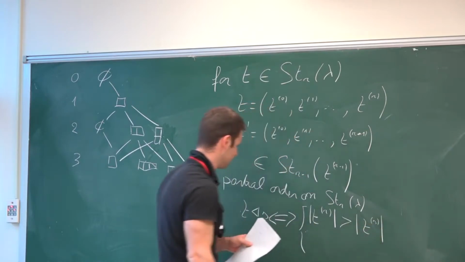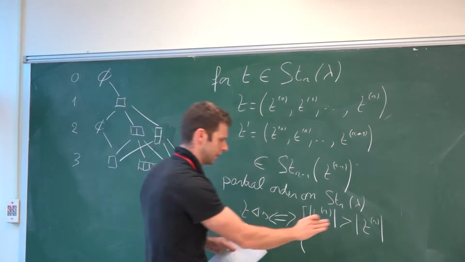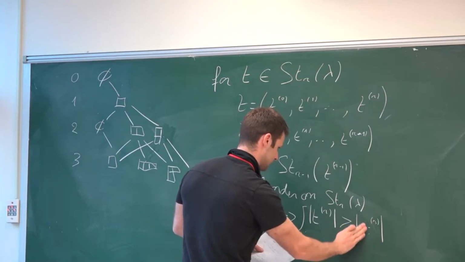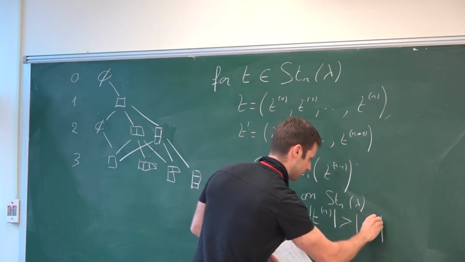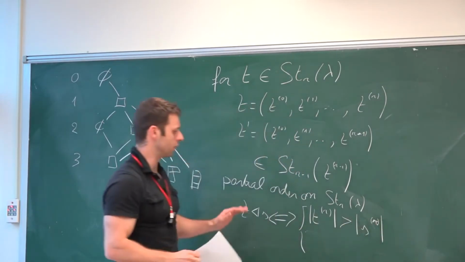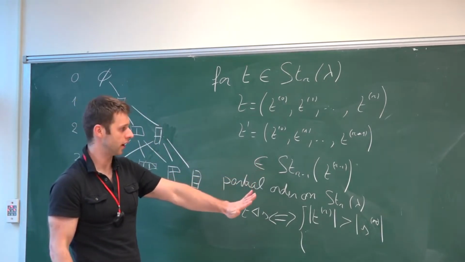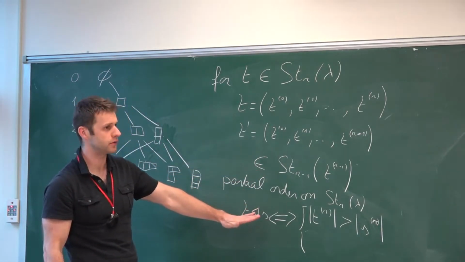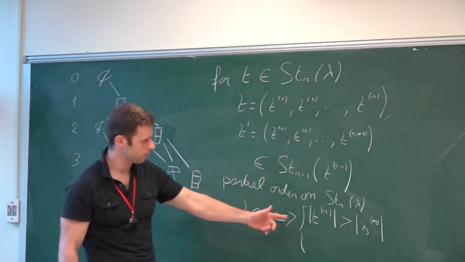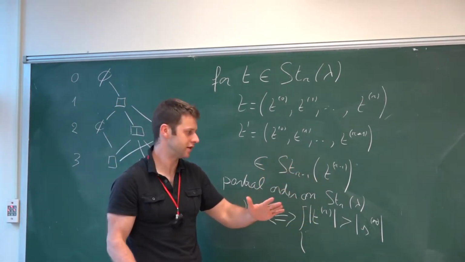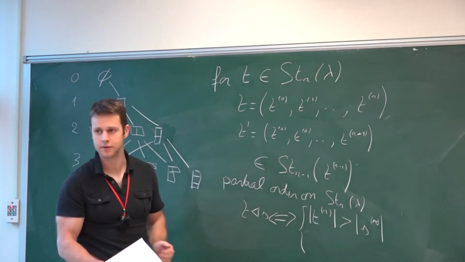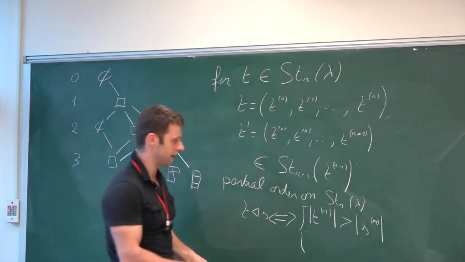So I look at the last two partitions in the sequence, and I say that bigger partitions of bigger size are bigger or smaller.